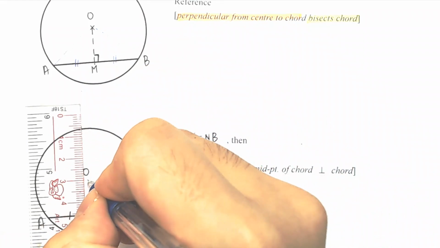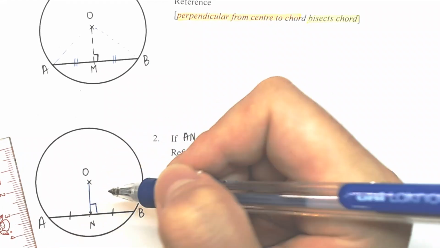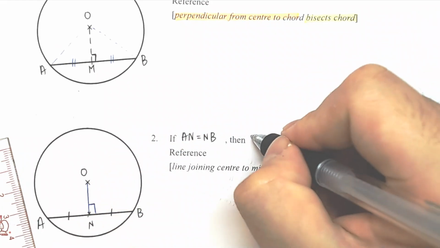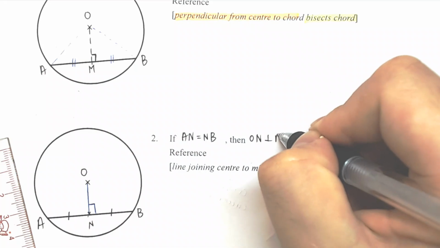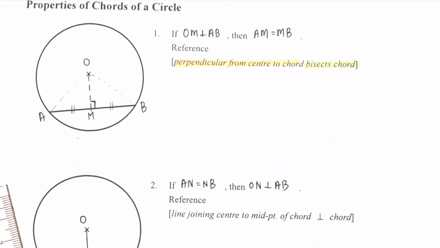ON would be perpendicular to AB. The condition and the result are different from the first one, so the reference is different as well. The reference is: line joining center to midpoint of chord is perpendicular to chord.